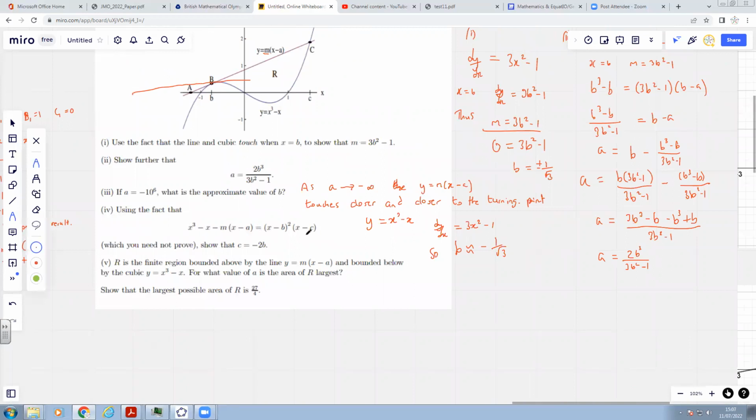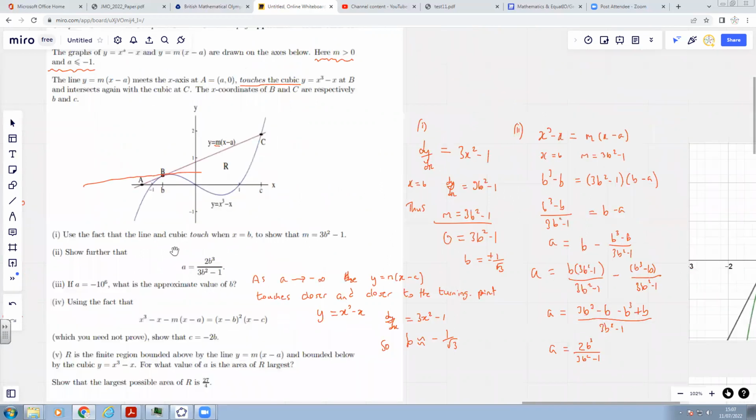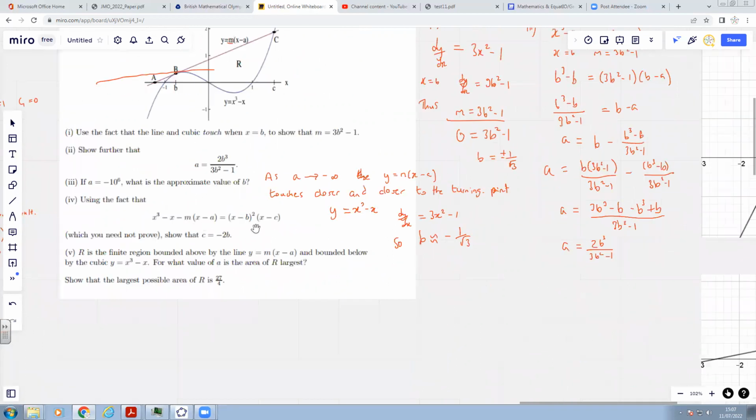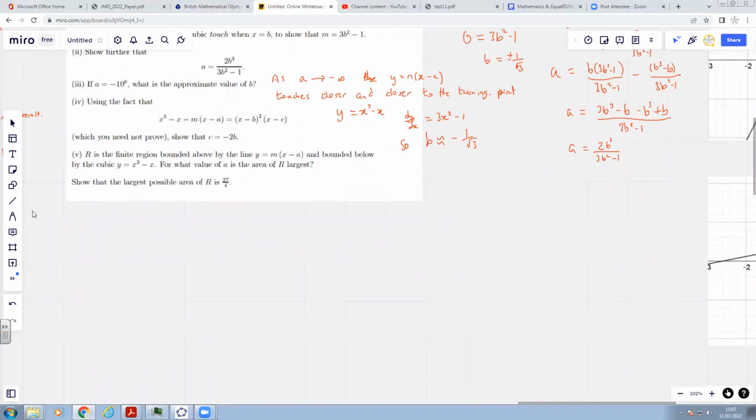Using the fact that this is the case, and this is what I was saying about repeated roots earlier. You know, my initial thought for part 1 was, oh, I'll just show that when that equals that, we've got a repeated factor. But I've just said use this fact, and you don't need to prove it, because I think that's self-evident. Now I'm going to use that fact. I'm going to say, okay, x cubed minus x minus mx plus ma is going to be equivalent to x squared minus 2bx plus b squared multiplied by x minus c.